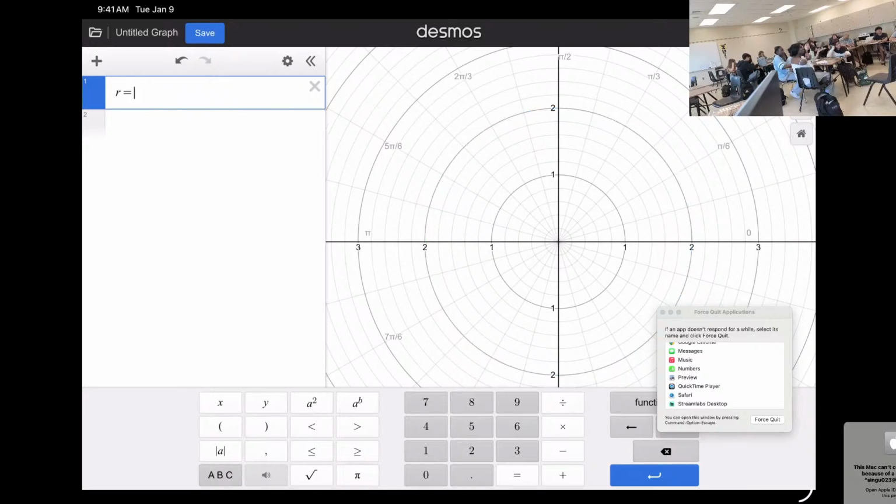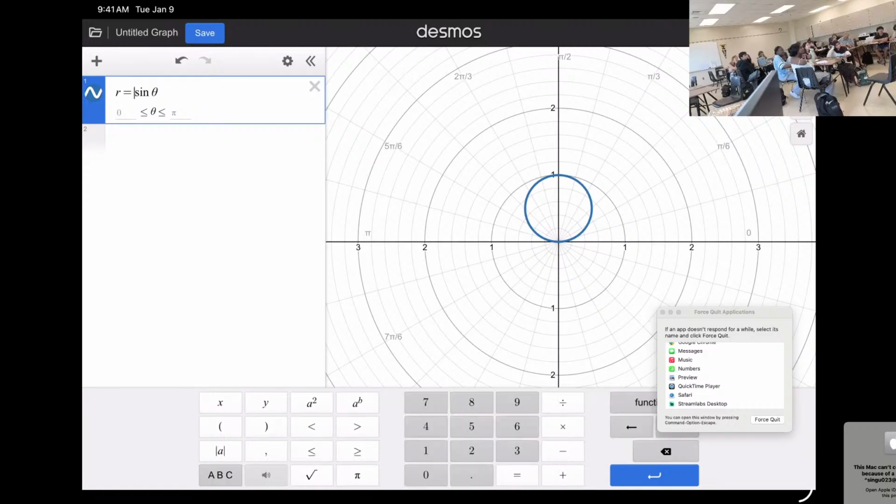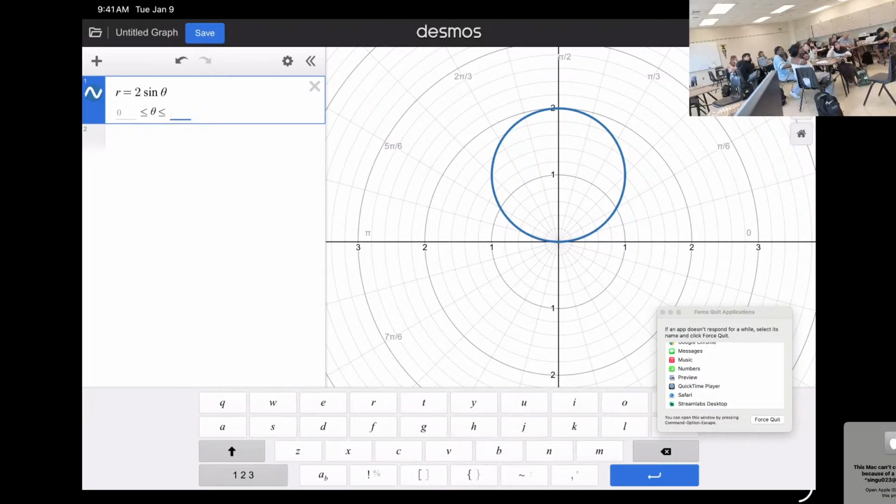Now, can I say r equals sine of theta? This is going to be a circle that is shifted to the top on the y-axis. And guess what? Can I make the number 2? It makes a bigger circle. How is a circle formatted? It's going to be like this.